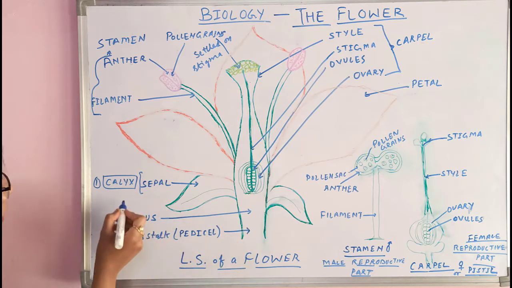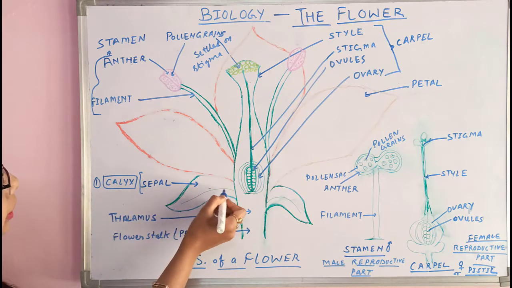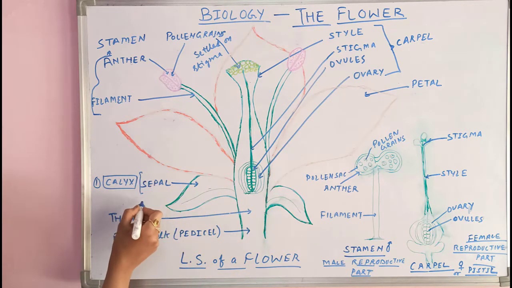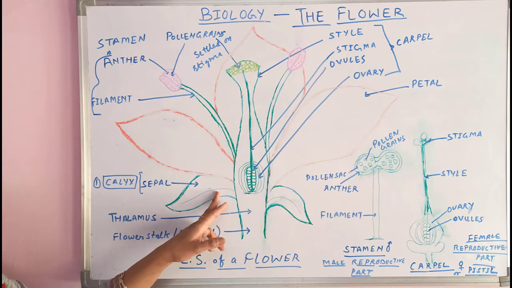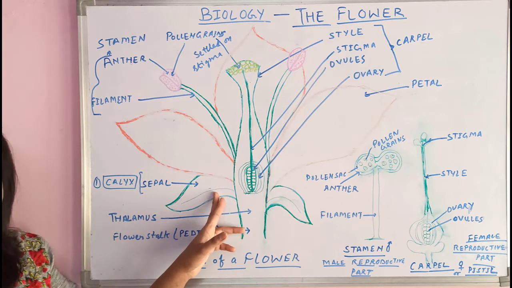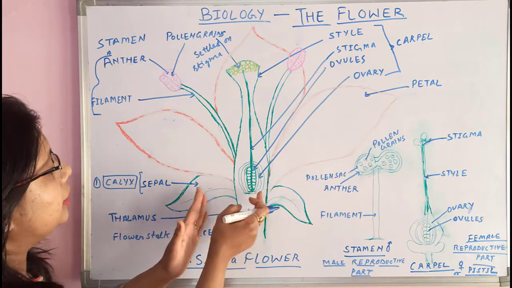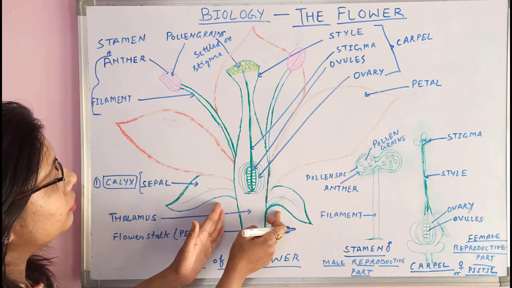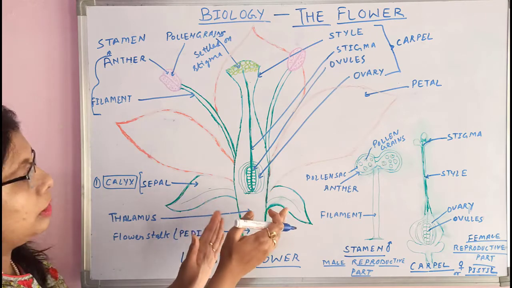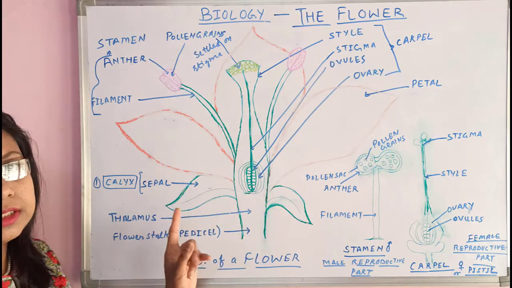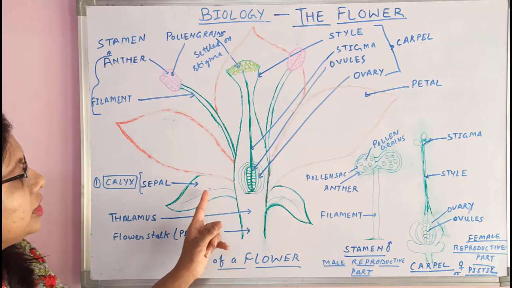The first one is the sepal. Sepals form the first whorl of a flower. Sepals are small green leafy structures, and this is the outermost whorl. And what is its function?